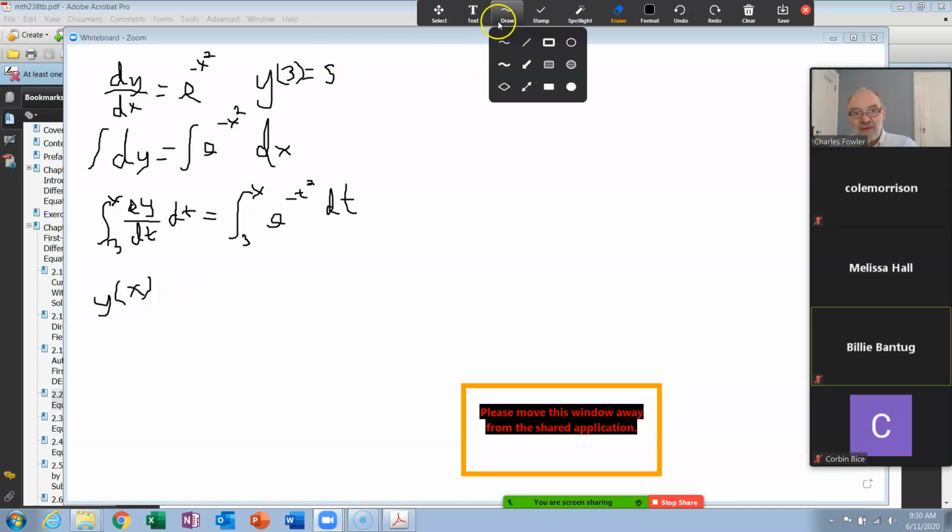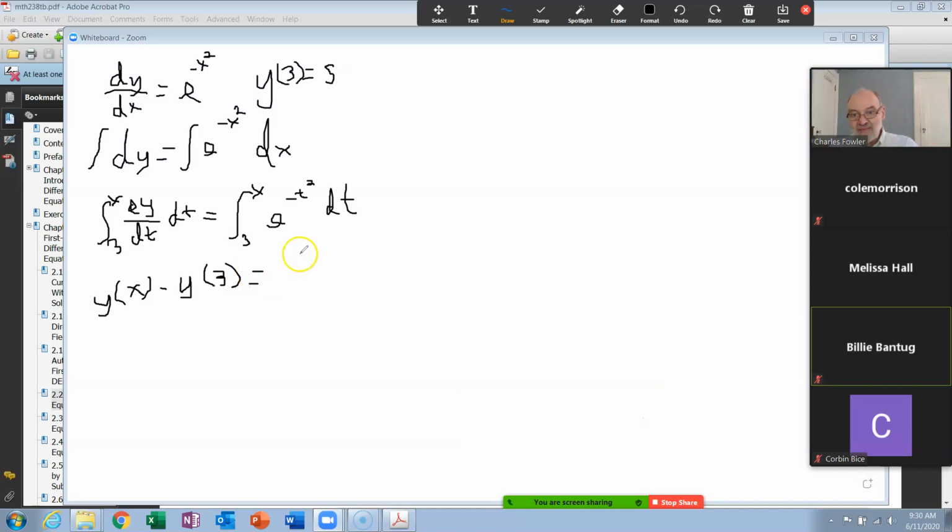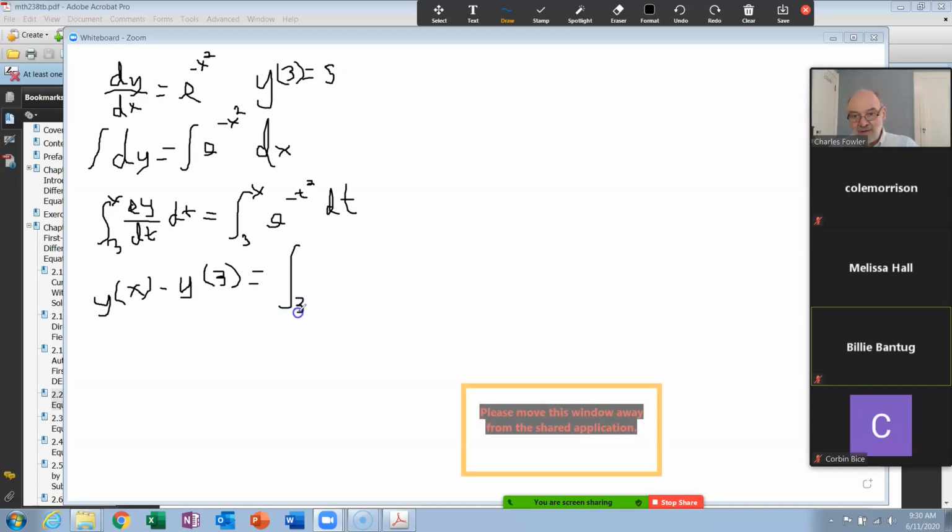Oh, I erased them both. Didn't mean to. Okay. Y of x minus y of 3 is equal to the integral going from 3 to x of e to the minus t squared dt.